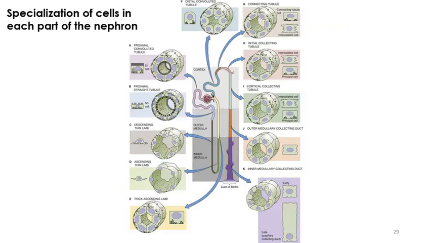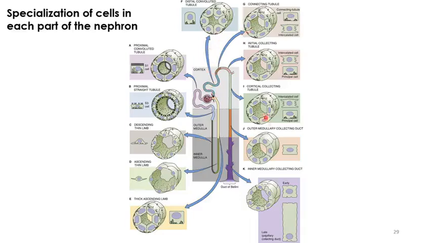There is a specialization of cells along the nephron in each part of the nephron. For example, in the PCT, the proximal tubule, the cells are thicker with an extensive brush border to increase the reabsorption surface area. And for the thin part of the loop of Henle, the cells are thinner. In other parts, the cells again are specialized, and also the macula densa cells, more specialized cells in the juxtaglomerular apparatus.